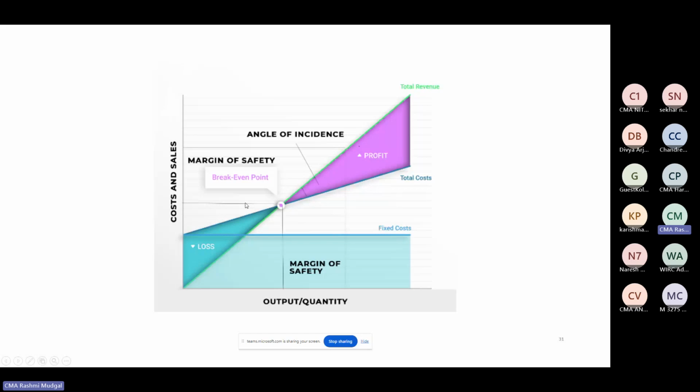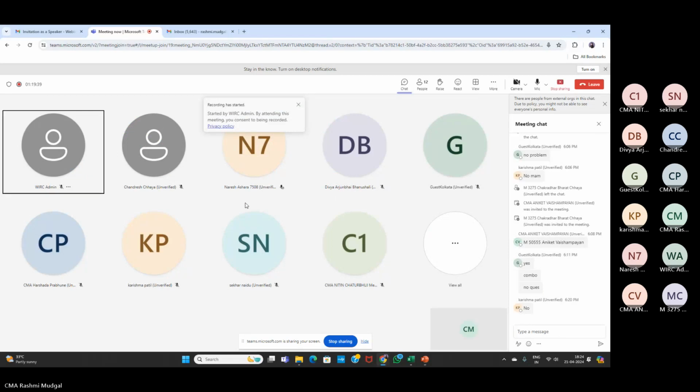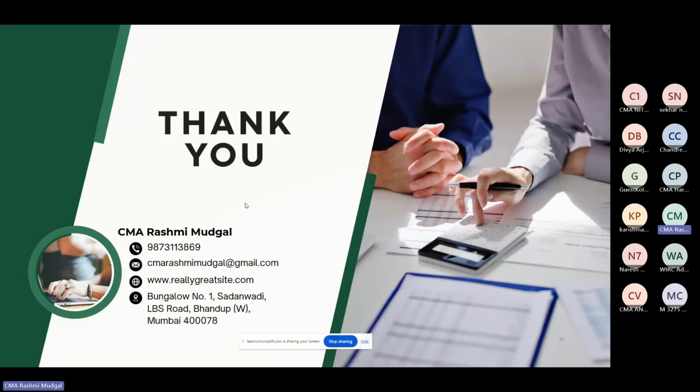Is there any problem in this chart? I welcome the questions if you wanted to ask anything.